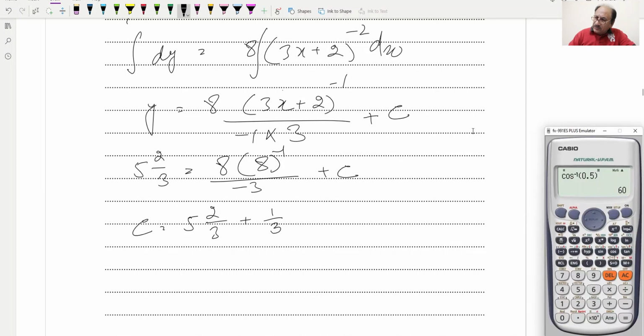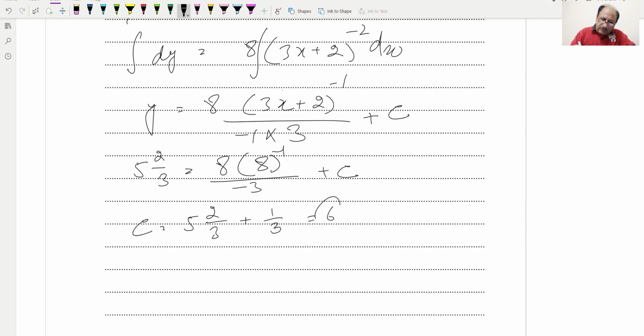If we simplify the mixed fraction, we can write 5 whole 2 over 3 plus 1 over 3, resulting in 6. So c value will be 6, which we will replace over here.